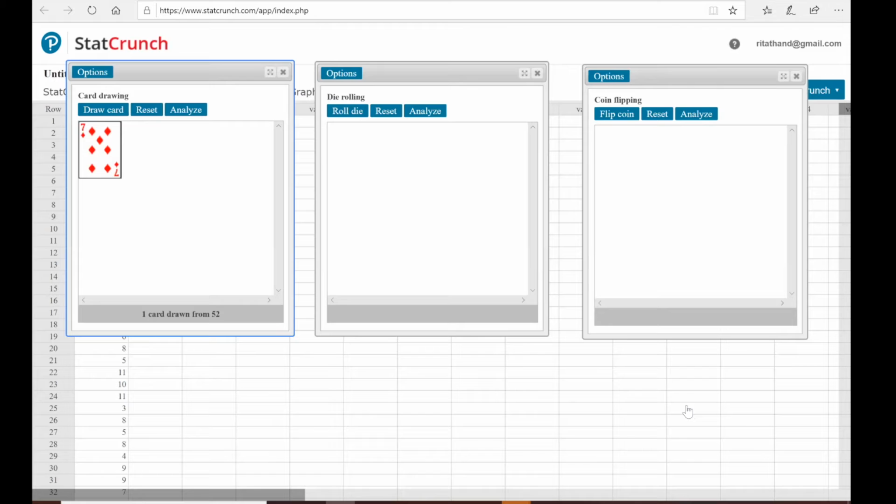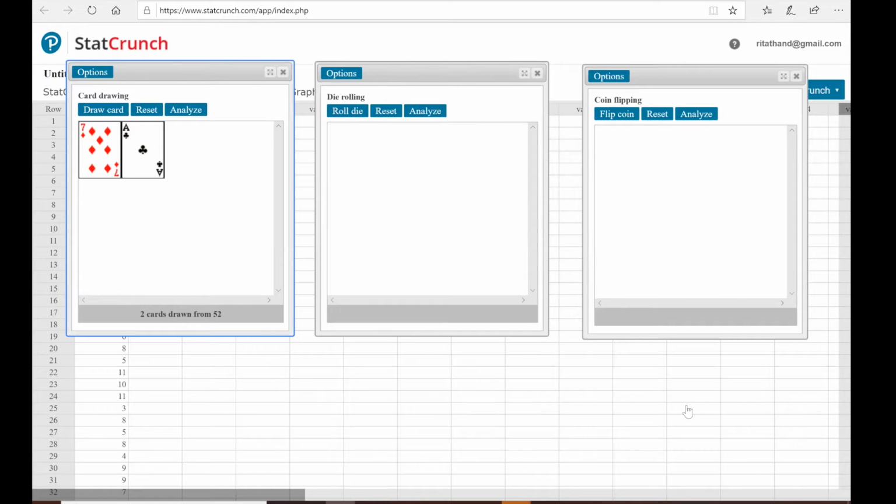So the 7 of diamonds here is one outcome of this probability experiment, which is drawing one card from the standard deck of cards. If you draw another one, you get an ace of clubs. Again, this is one outcome of this probability experiment.